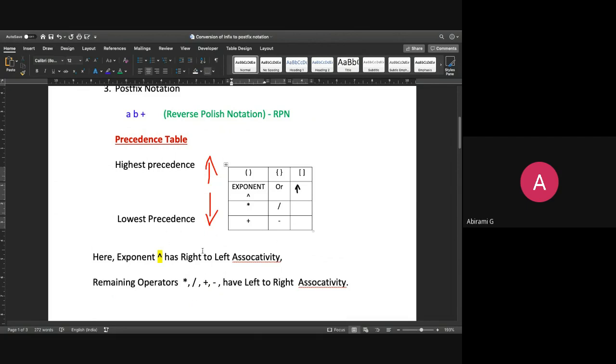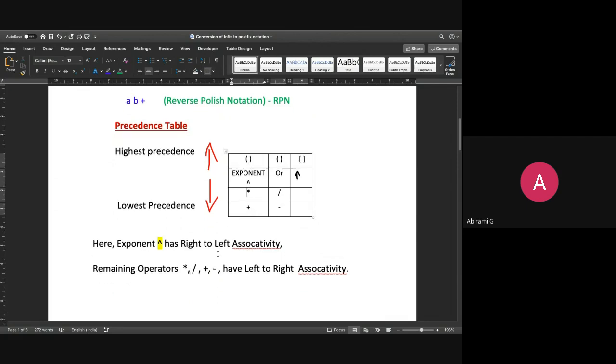So the highest precedence is the exponent operator, then multiplication and division, then plus and minus. We'll discuss more examples using the modulo operator later.